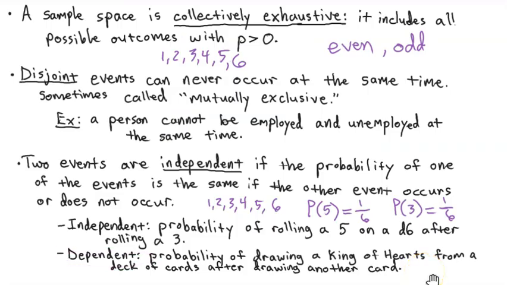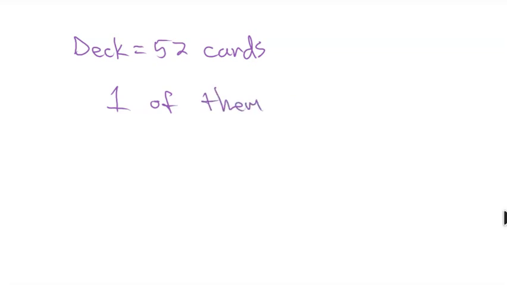So down here, dependent: the probability of drawing a king of hearts from a regular deck of cards after drawing another card, okay? Let's think about drawing the king of hearts if I didn't draw another card first. A deck of cards has 52 cards, and one of them is the king of hearts.